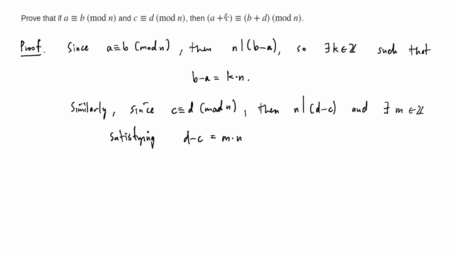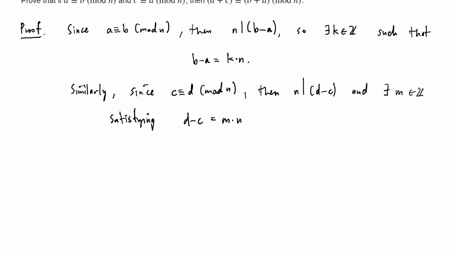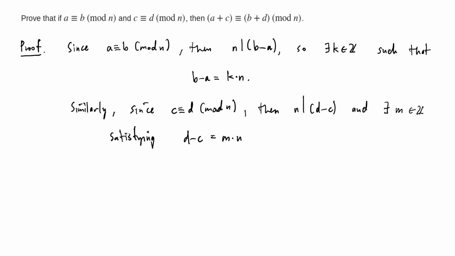All right, and then based on what we want to prove up here, we see we have these two statements. We want to say something about the addition of the terms on either side of the congruence, and so one idea is to just add these two up. So we have actual equality here with actual integers.